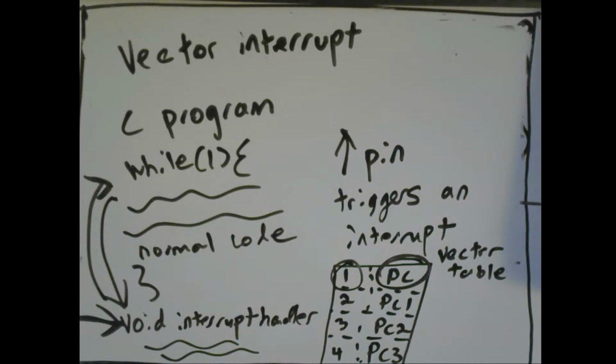Whatever the processor is doing, it stops it, saves its state, runs this interrupt function, and then goes back. And polls just constantly check over a certain interval. They don't have this vectoring thing.